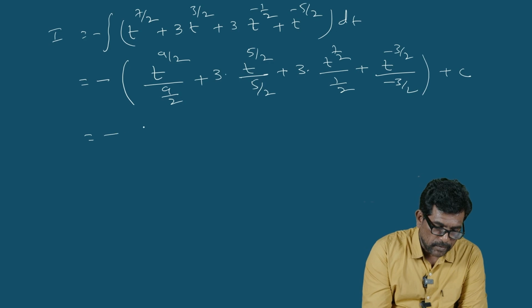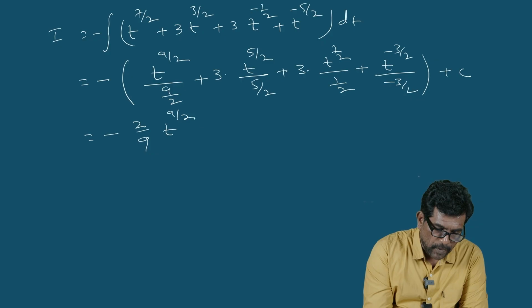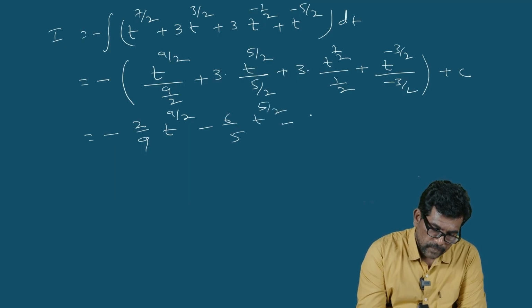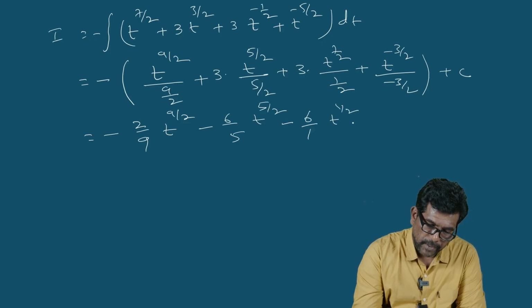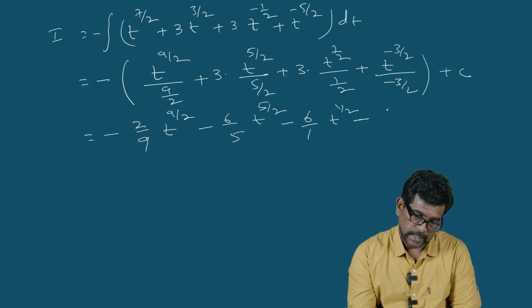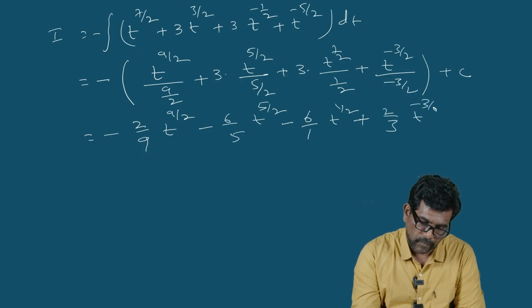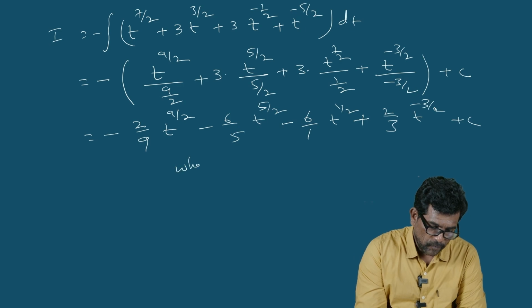Now this is equal to minus of 2 by 9 times t to the power of 9 by 2, minus of 6 by 5 times t to the power of 5 by 2, minus of 6 by 1 times t to the power of 1 by 2, plus 2 by 3 times t to the power of minus 3 by 2, plus c, where t is equal to cot x.